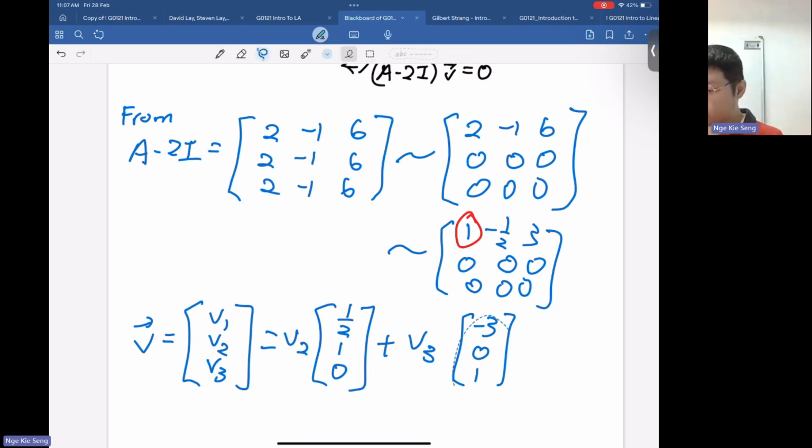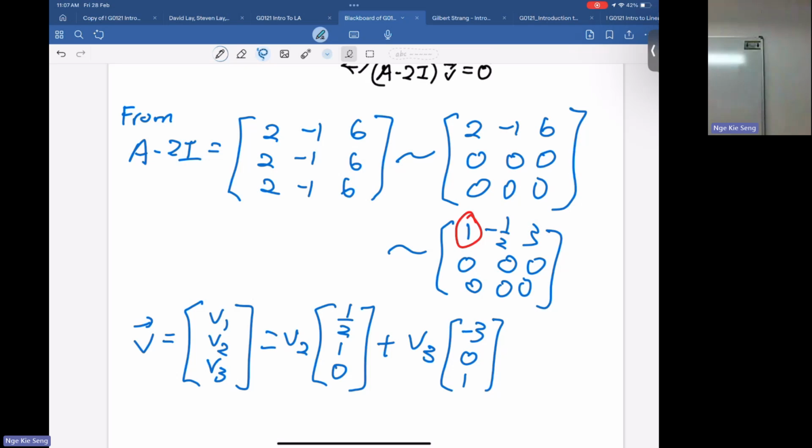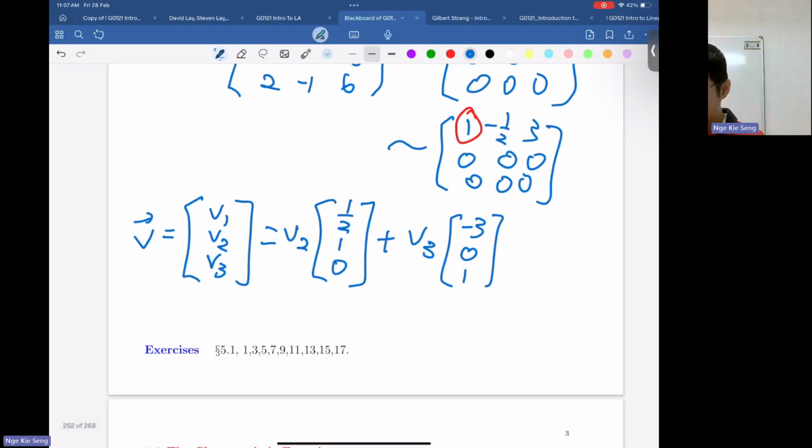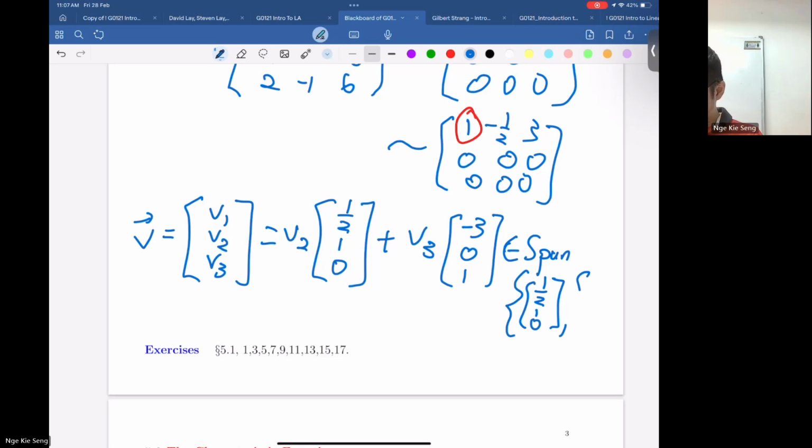This goes back to what Senai asked us in the beginning. You found that the solution is the span of these two vectors. So what's the basis here? In fact, both of them are basis vectors. So let's write that this is in the span of (1/2, 1, 0) and (-3, 0, 1).